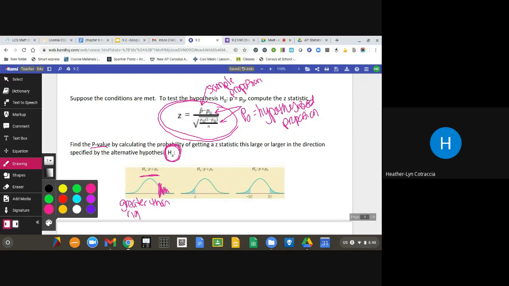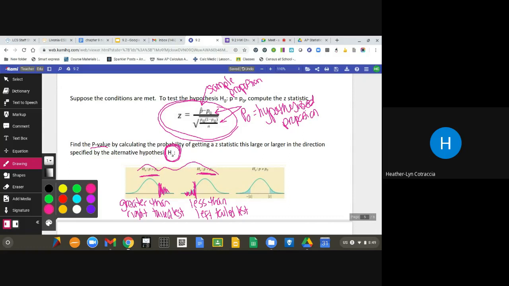This is called a right-tailed test, because you're shading to the right. If you see a less than in the alternative, then you plot your z and you shade less than. This would be for less than, and this would be called a left-tailed test.